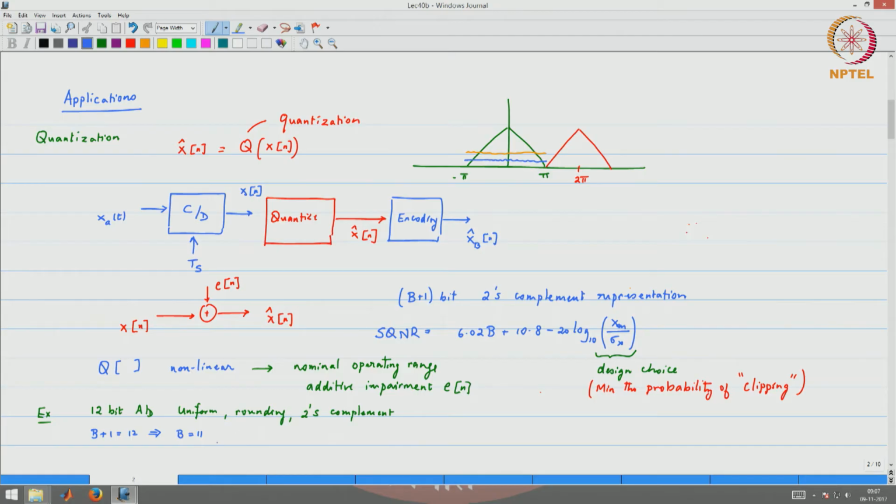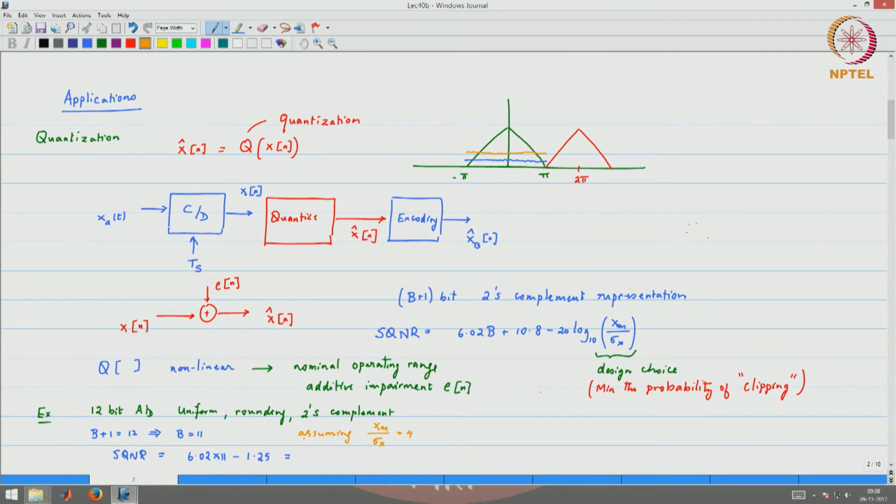So, the approximate SQNR from our expression will be 6.02 times 11 minus 1.25. This is assuming that we have chosen the full scale as 4 sigma x, then you get this 1.25.